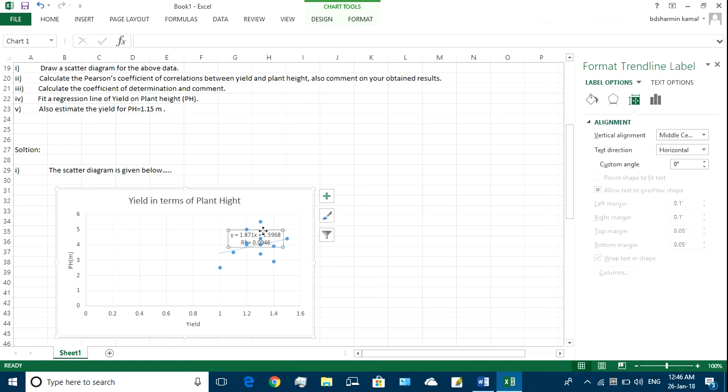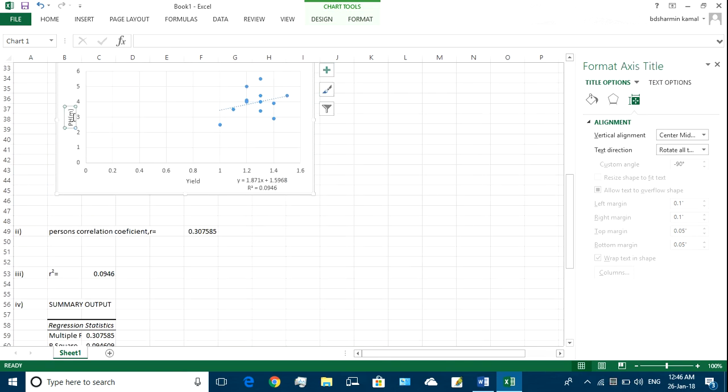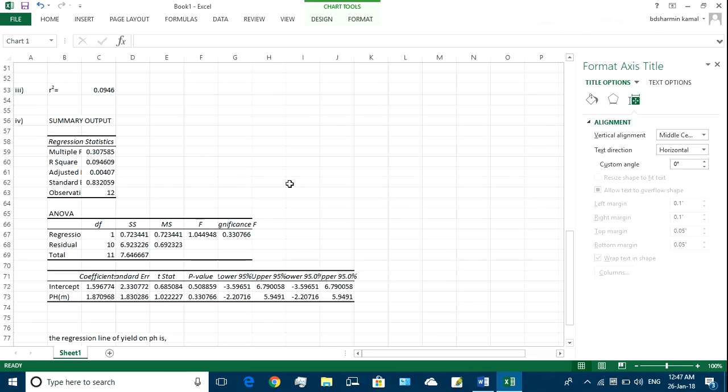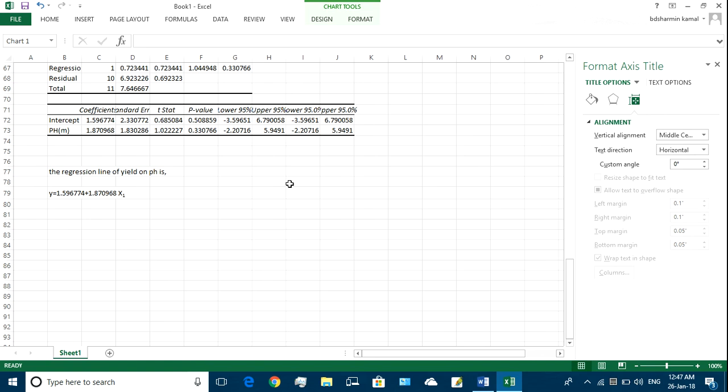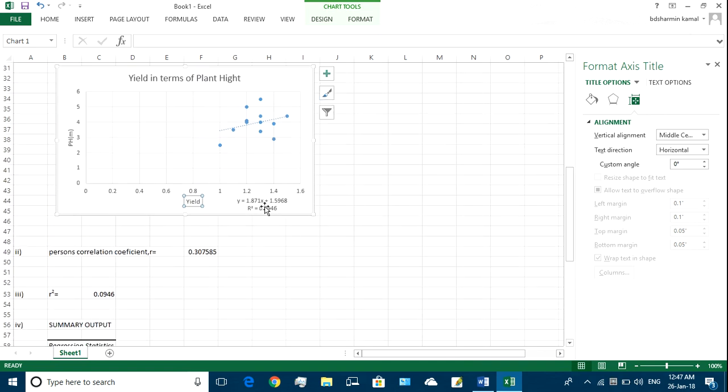Look at that, we have got our desired figure. We just have to edit them. It should be replaced by yield, and this should be replaced by plant height. Look at that, our estimated regression line of yield on plant height is y equals 1.596774 plus 1.87 something into x1, which is similar to this.